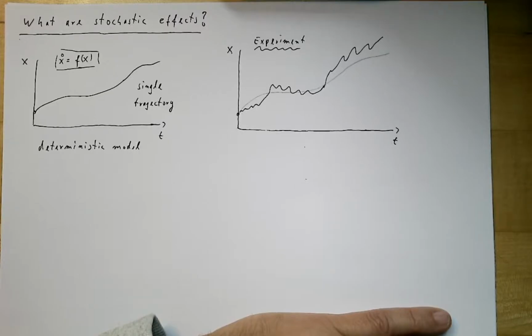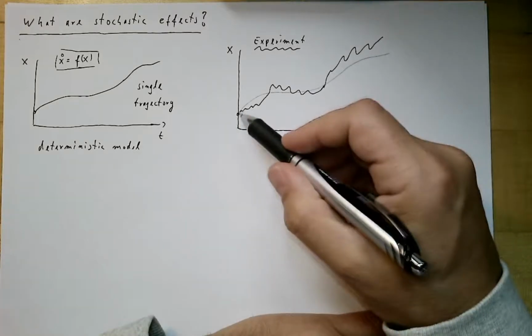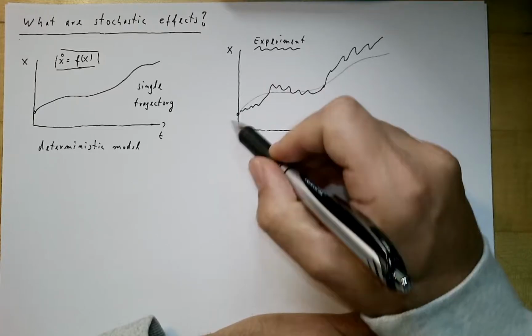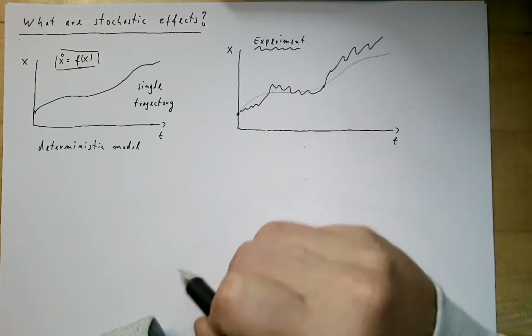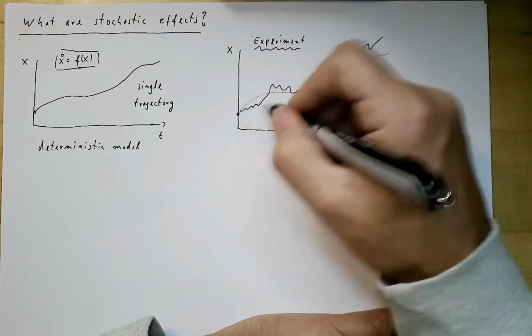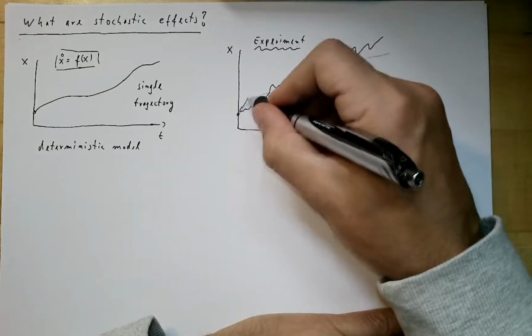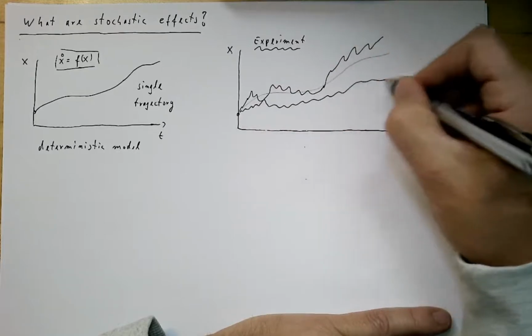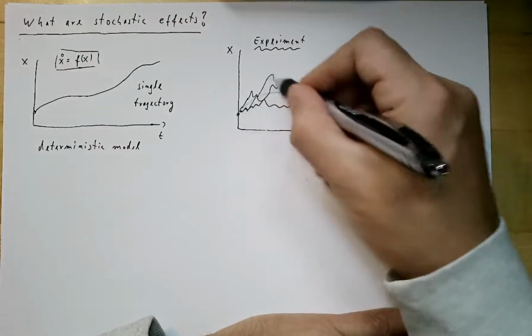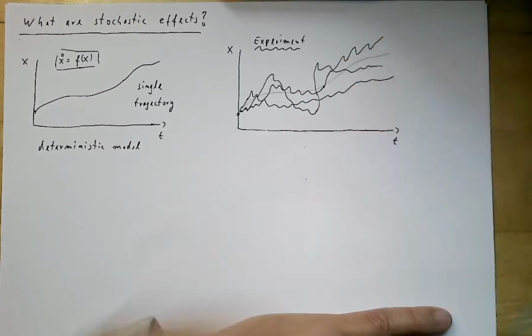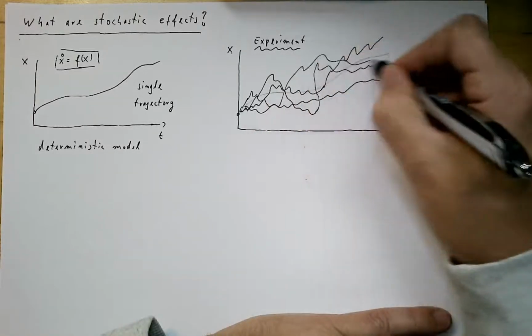Interesting is now when we repeat our experiment. Let's say we run the experiment again, then we will not repeat exactly this random trajectory here, so this twiggling trajectory, but we will typically get something else. Maybe now it looks like this. Let's repeat the experiment again, and maybe we get something like this, and another one we get something like this.